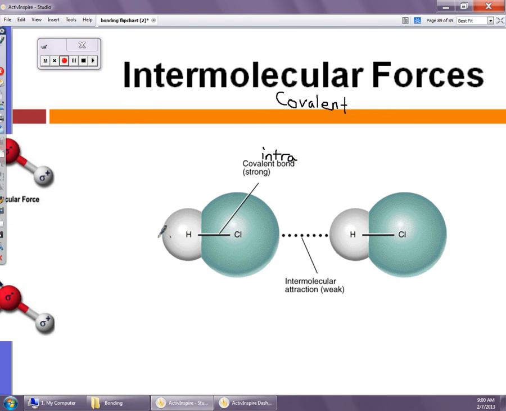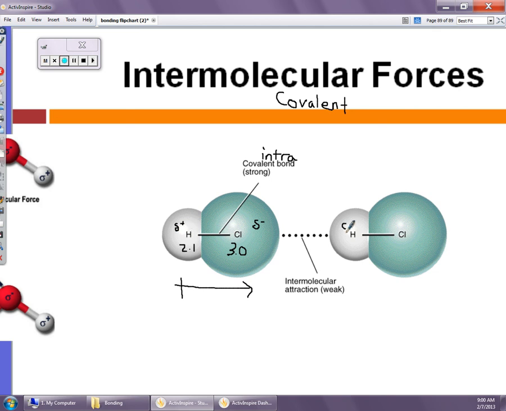However, we've also talked about how this is a polar bond. It is not a symmetric molecule, so it is a polar covalent molecule. It's going to have a dipole going this direction towards the chlorine because chlorine is more electronegative than the hydrogen. As a result, chlorine is going to be slightly negative, and the hydrogen is going to be slightly positive.